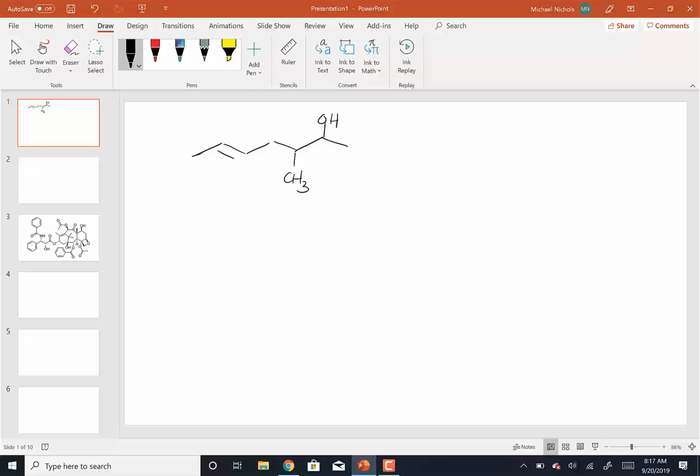Now, the longest continuous carbon chain that contains both the double bond and the carbon attached to the OH. That's going to be this one, right? If I had more time, I could be more creative and hide the parent chain.